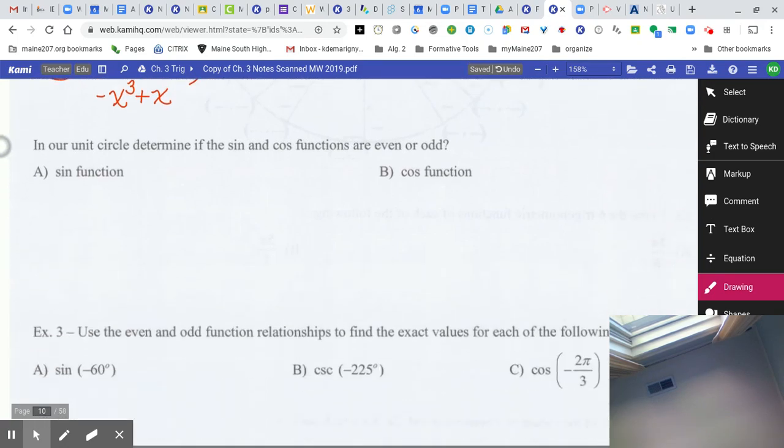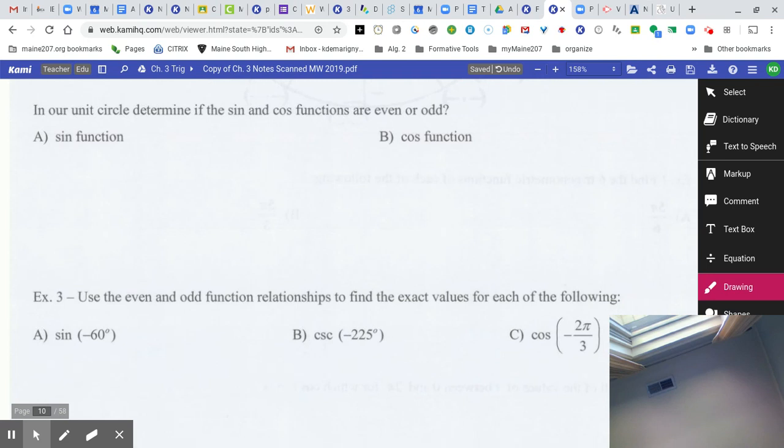So in our unit circle, we can determine whether sine and cosine are even or odd as well. So if I have a sine function, and I'm just going to pick an easy value, let's just pick the first one, pi over 6. Well, the value of the sine of pi over 6 is a positive 1/2.